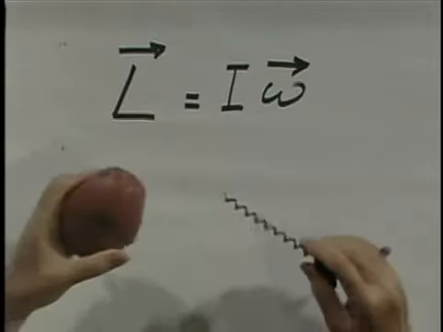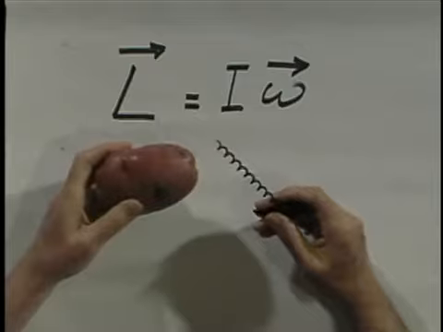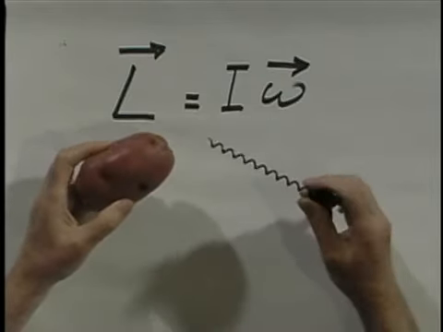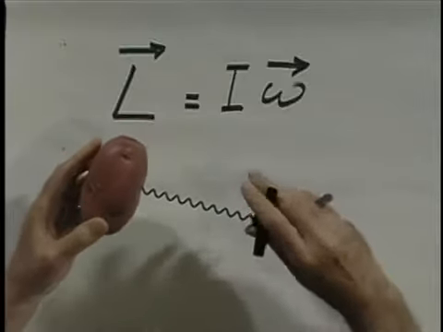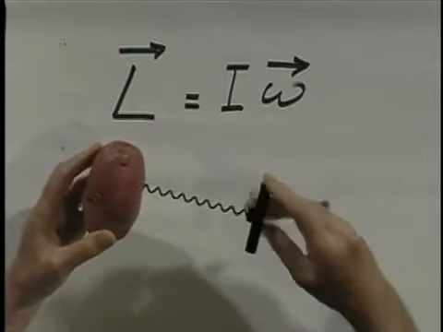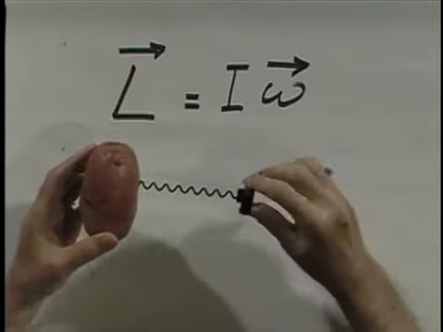I want to demonstrate this to you with this example. I have here a potato, and a right-handed corkscrew, and I'm going to turn this corkscrew clockwise as seen from this direction. Notice I turn it clockwise.